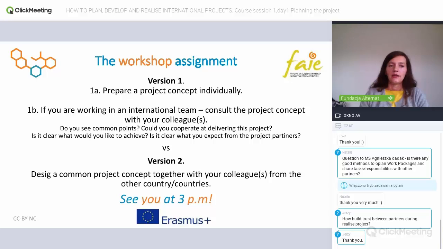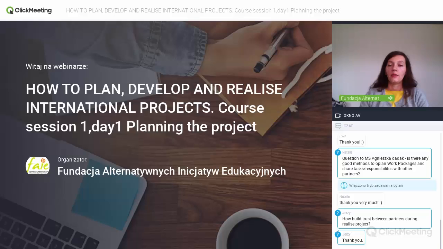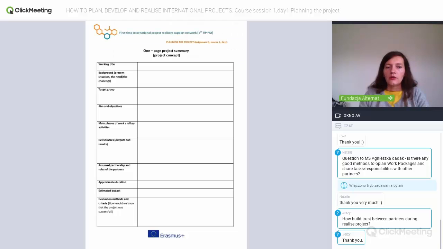You will get the assignment to your email addresses, so you don't need to worry about it right now. What I would like to propose you to do is to prepare a project concept, quite a simple one. I don't need you to prepare 5 pages of a project concept, but I would like you to prepare just a short idea of the project you would like to realize.